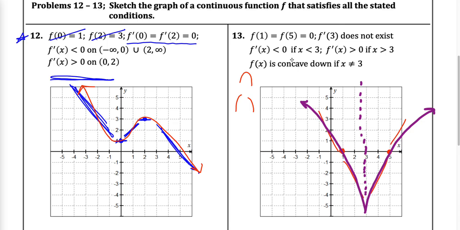It's saying it's concave down everywhere but 3. So 3 is the only place where it's not concave down. And it's not telling you it's concave up, it's just not concave down. And so that's kind of why I'm thinking it might mean a sharp point instead of a vertical asymptote. But I would give credit for both of those because they would both be right.